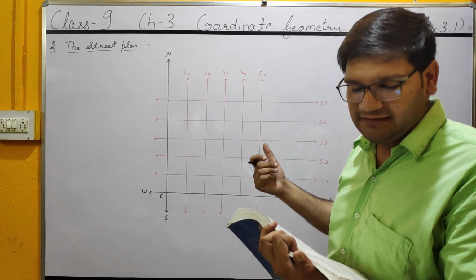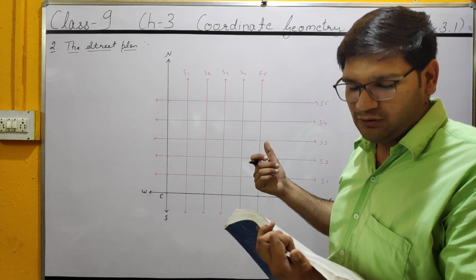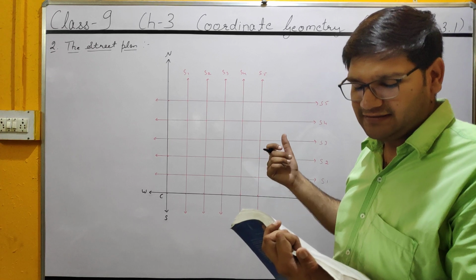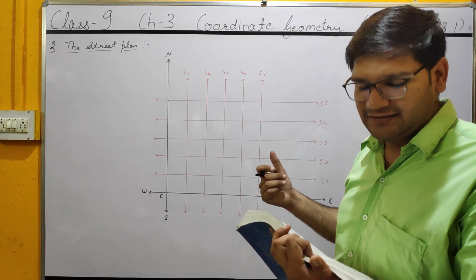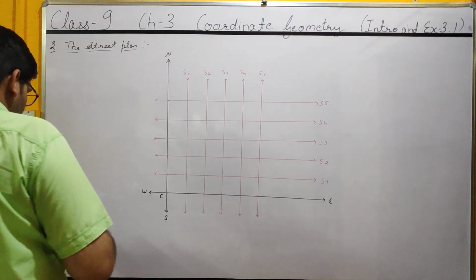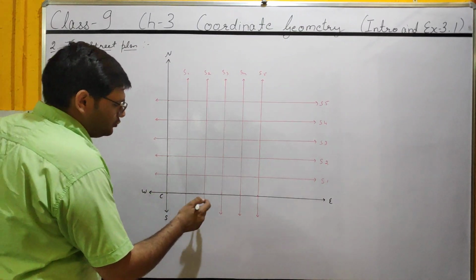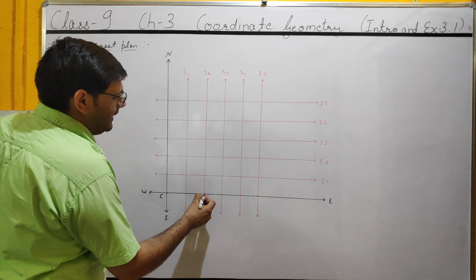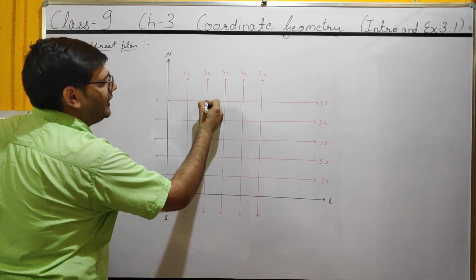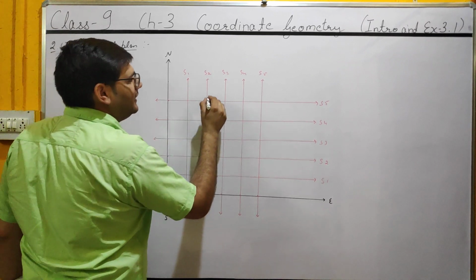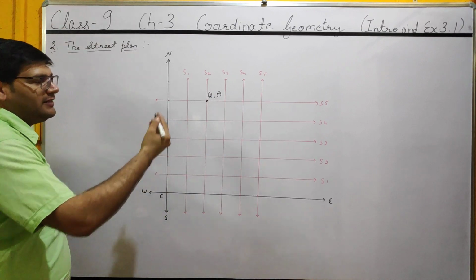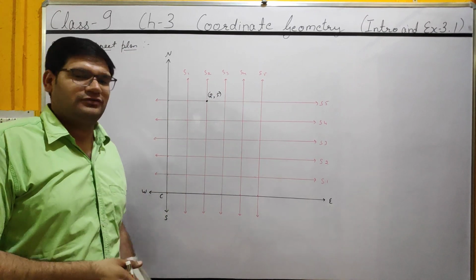If second street running in the north-south direction and fifth in the east-west direction, we have to just find out the point 2, 5. So 2 is here, and 5 is 1, 2, 3, 4, 5 here. So the point he is talking about is 2, 5. In this way we can plot this cross street.